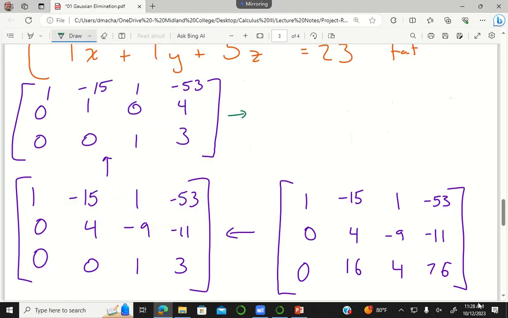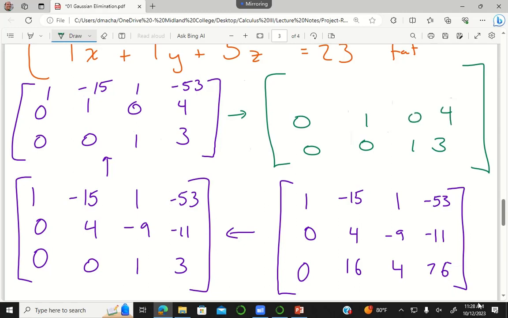Okay, so going around here, we already have the third row and the second row looking exactly how we want them to look. Now to make the negative 15 go away, I'm going to add 15 times the second row to the first row.